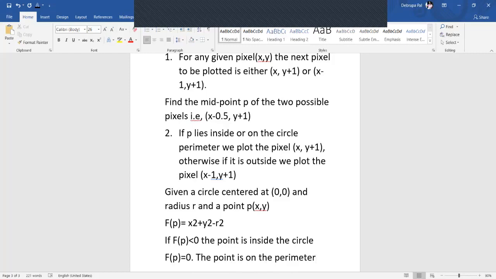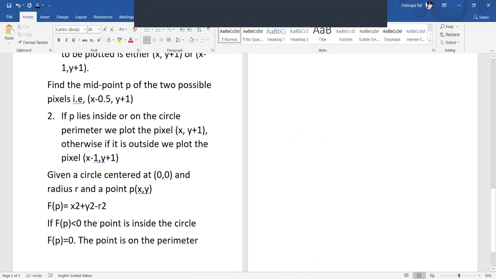There are three possibilities. If f of P is less than 0, if it is equal to 0, and if f of P is greater than 0, then the point is outside the circle. This is the third point.